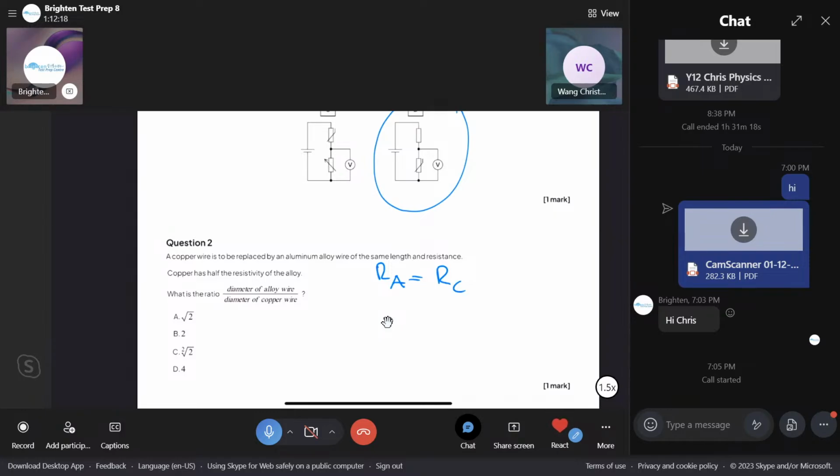So alloy has 2 rho, exactly. All right, okay. Let's put it like that, and of course over A. And the other one is just like that.